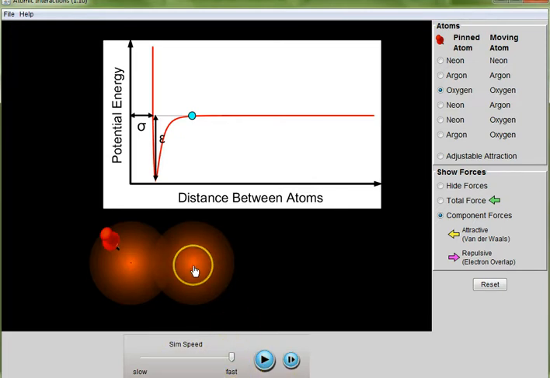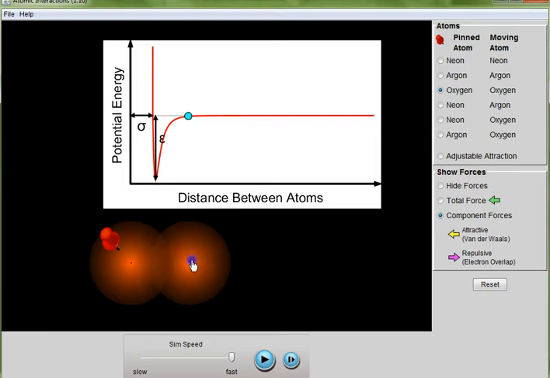The nucleus of this atom is getting attracted to the electrons of the other atom. Similarly, the nucleus of this atom is getting attracted to the electrons of the other atom. Because the nucleus is positively charged, electrons are negatively charged, and they attract each other. So these are nucleus-electron attractive forces.